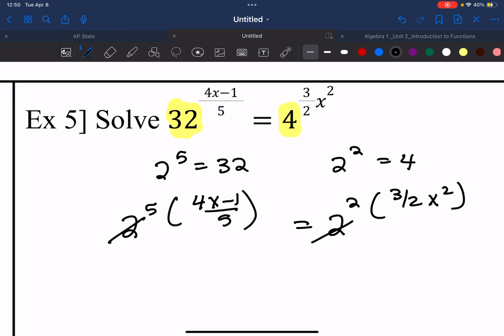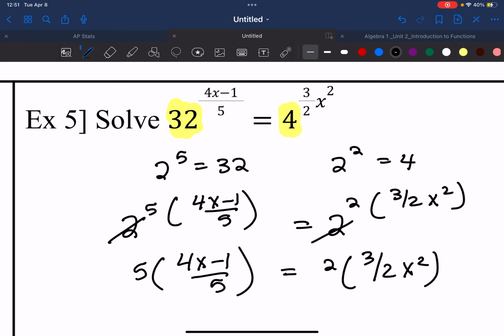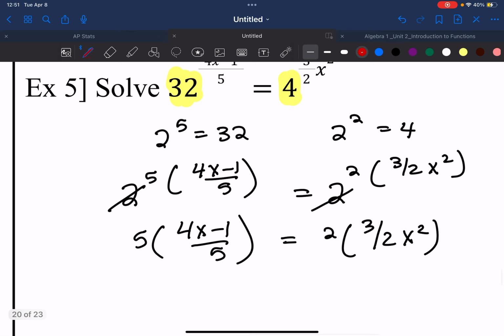Well, my bases match, so I can cancel them out, and I'm left with 5 times 4x minus 1 divided by 5 is equal to 2 times 3/2 x squared. Well, notice 5 divided by 5, those cancel out, and 2 divided by 2 cancel out, so I'm left with 4x minus 1 is equal to 3x squared.